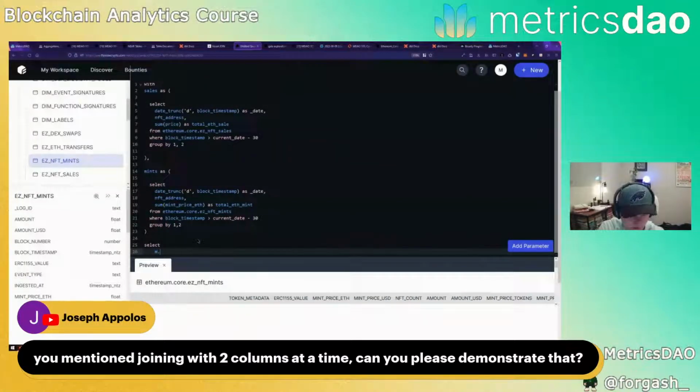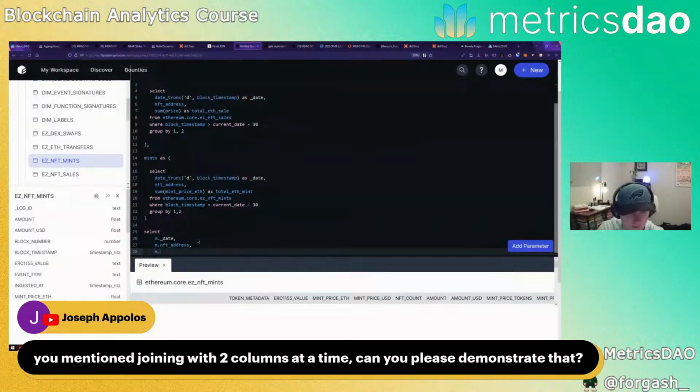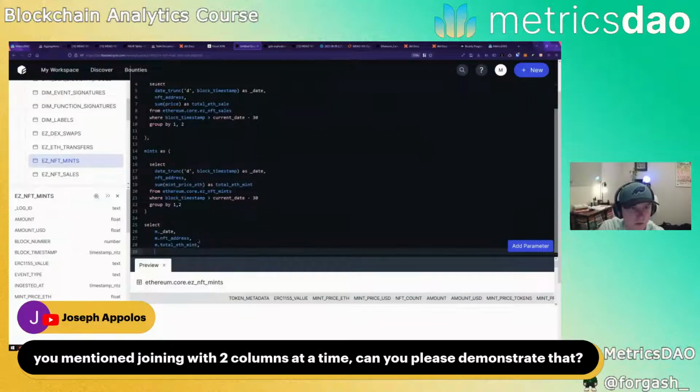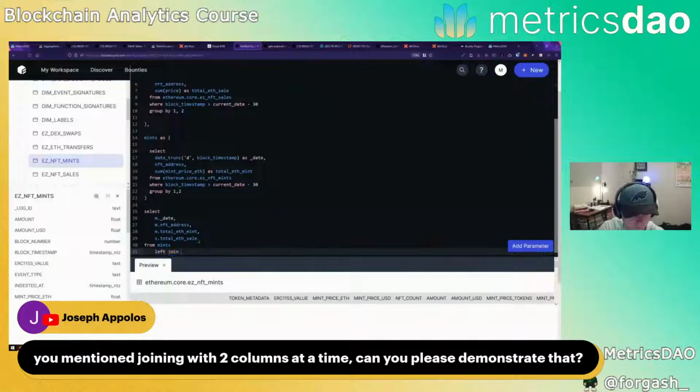So let's do it. Mint date. Sales. Hopefully I got the syntax right for one like this, but I think you can just comma delineate with this parentheses syntax.